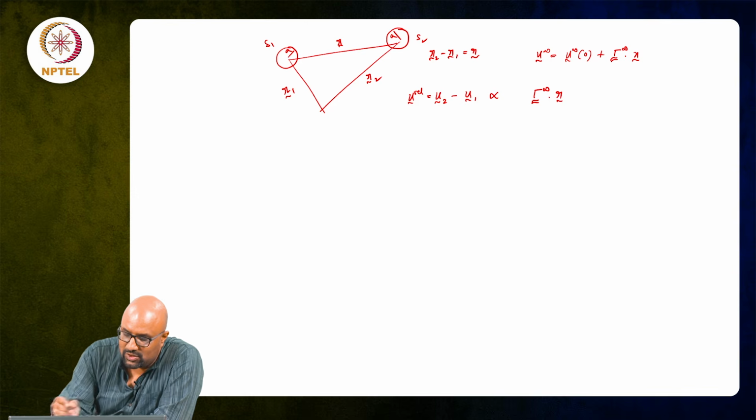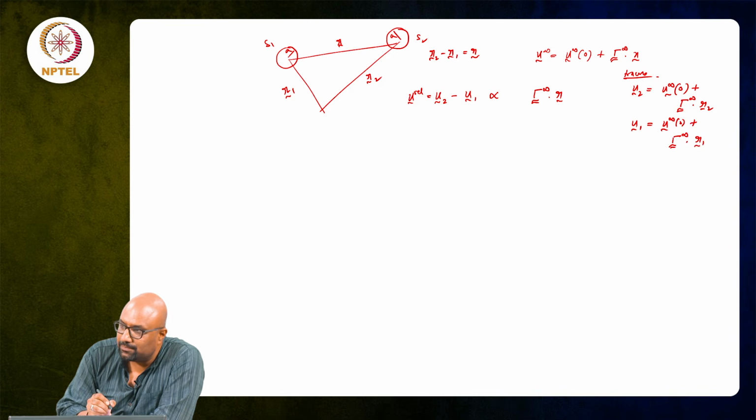Actually, if you thought these were tracers, then what is u2? If you did tracers, what is u2? U infinity of 0 plus gamma infinity dot r2. U infinity of 1 is u infinity of 0 plus gamma infinity dot r1.